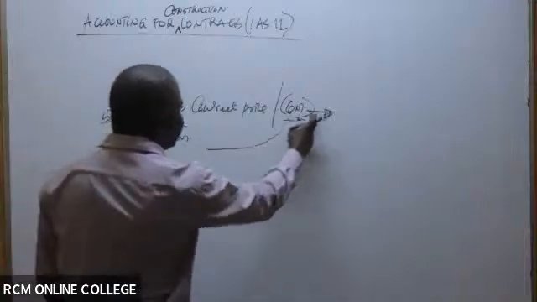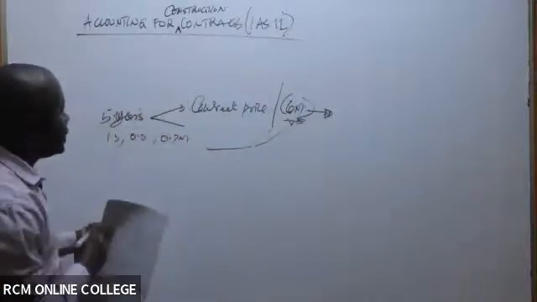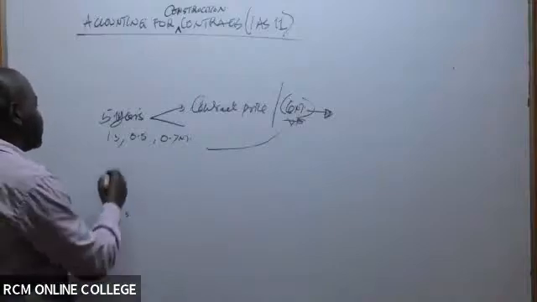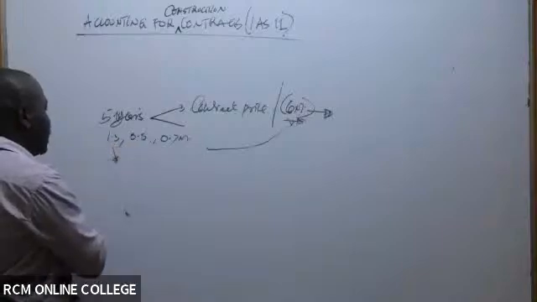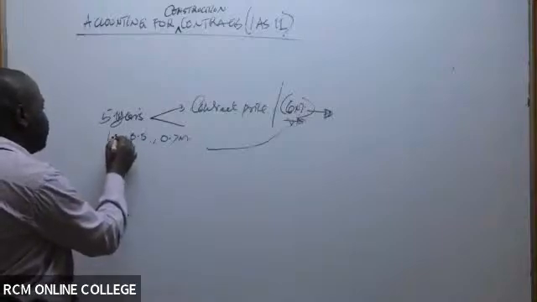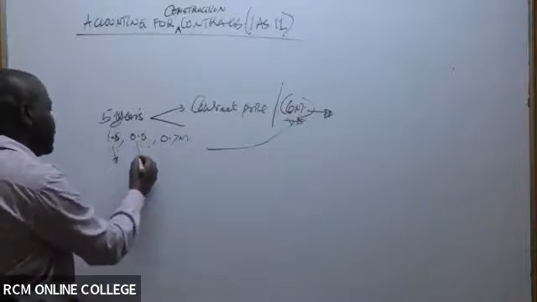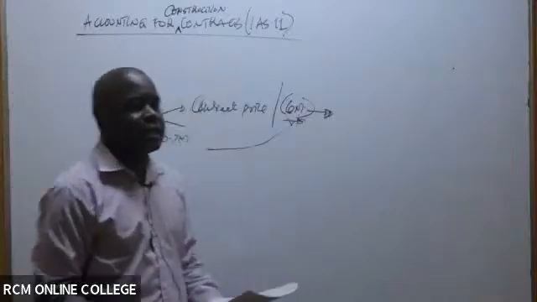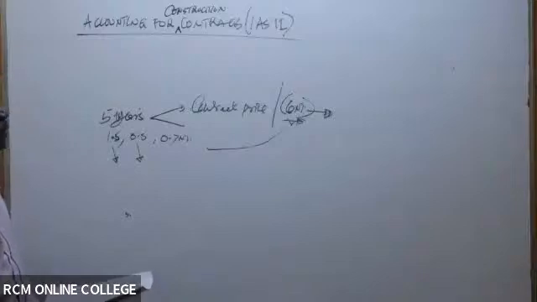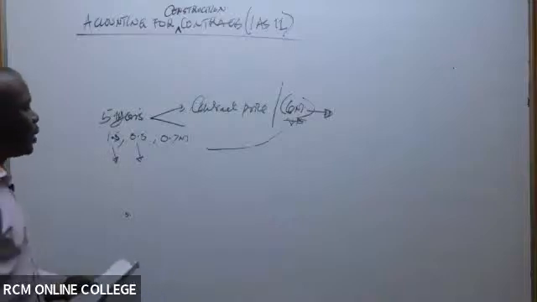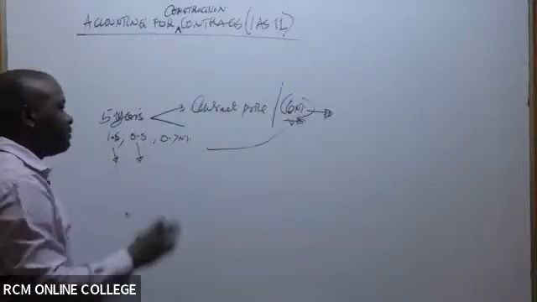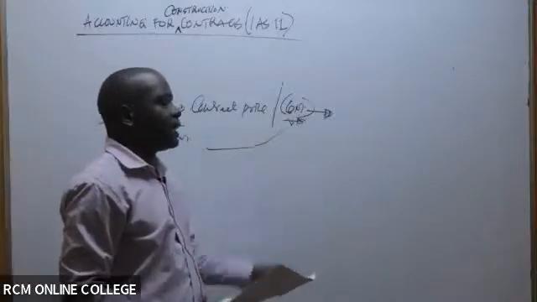But the amount won't be paid once. So in accounting for long-term construction contracts, the question would be, what will determine for us that, for example, in the first year we are going to recognize only 1.5 million, or in the second year only 0.8 million? What you're going to discover out of this topic is that there's a procedure, a way you can determine whether you'll be paid 0.8 million or 0.7 million or 1.5 million in the different years until the entire contract price has been paid.